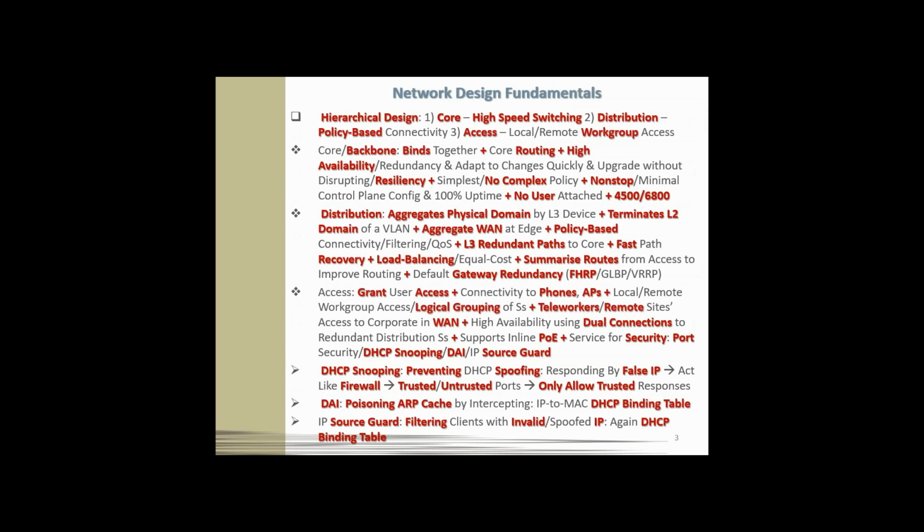Next up, I would like to talk about network design fundamentals. We know about Cisco's hierarchical network design with three tiers, core, distribution, access, and also the collapsed core consisting of core and distribution together as one tier, and the second tier that is the access layer.